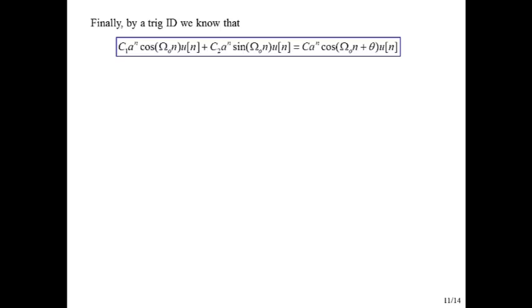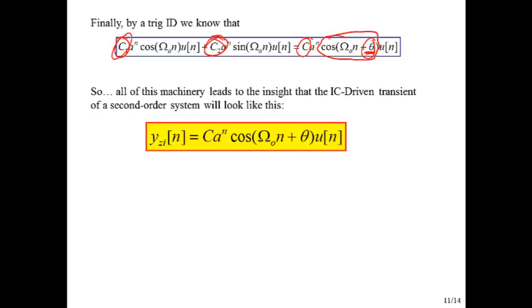Now we can also recognize that with constants C1 and C2 out in front, we can combine these cosines and sines into a generalized cosine that has an angle of theta. So the C1 and the C2 will contribute to determine what the C and the theta are. Right now it's not important that you know how to do all of that. We're just striving for some general insight into how the system behaves.